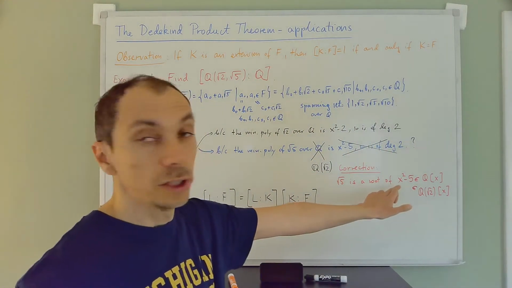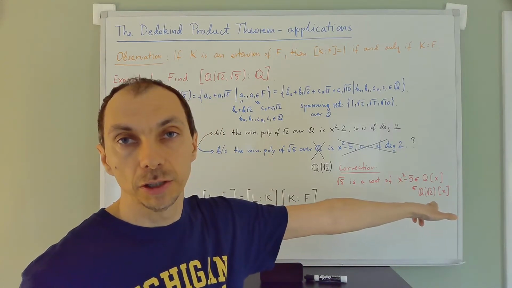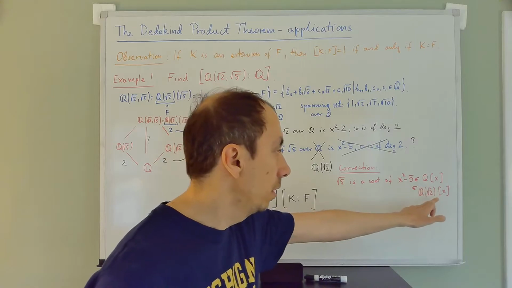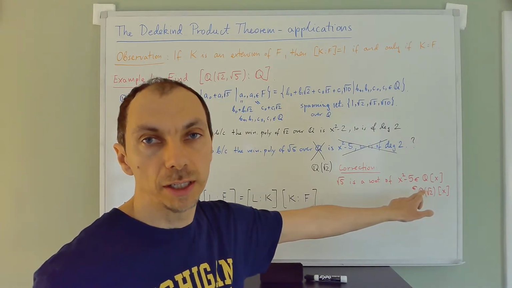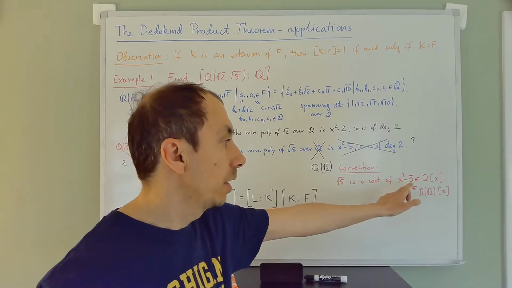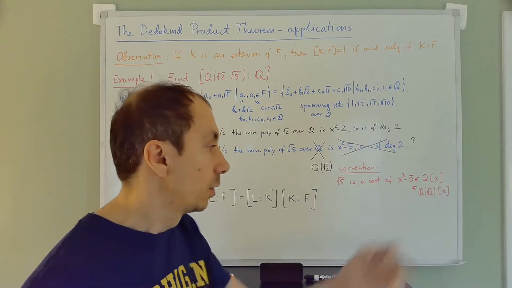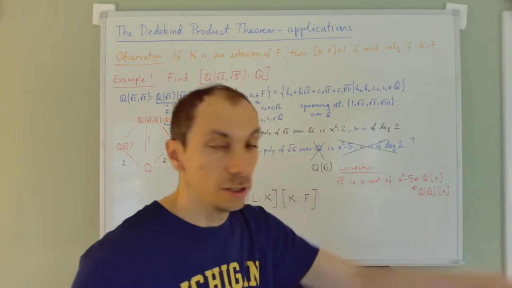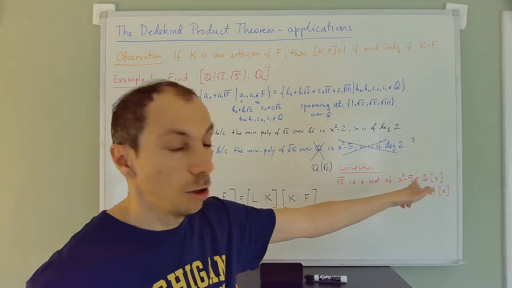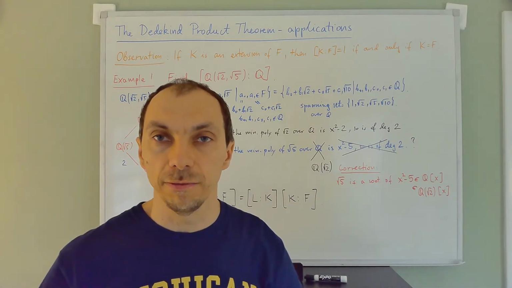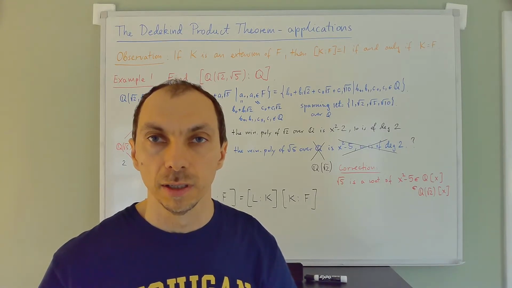Because the coefficients of this polynomial are 1 and negative 5. Both are rational numbers, and Q adjoin radical 2 contains all the rational numbers already. So this polynomial has coefficients in Q adjoin radical 2. It's monic, and it has radical 5 as a root. I just don't know if this is of the smallest possible degree.